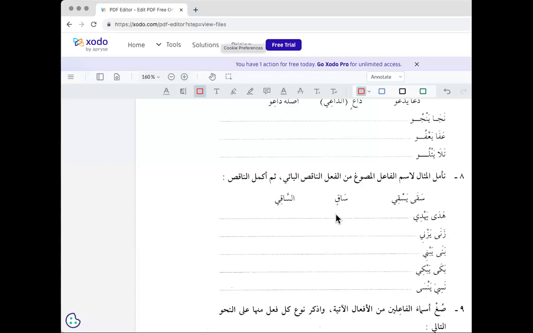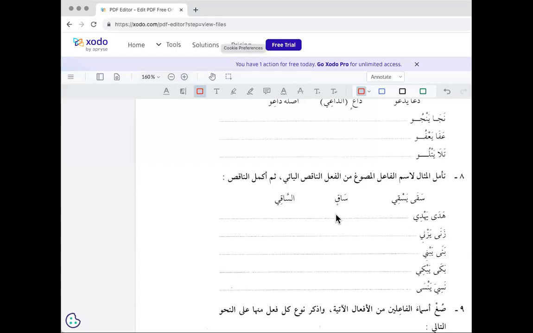Wal-iyadu billah. Allah protect us all. Zanin and Al-Zani. الزاني. بارك فيك. بنى يبني.